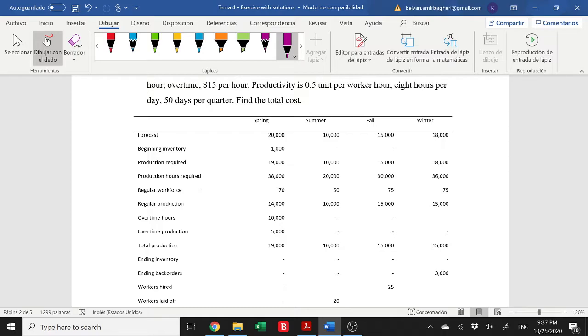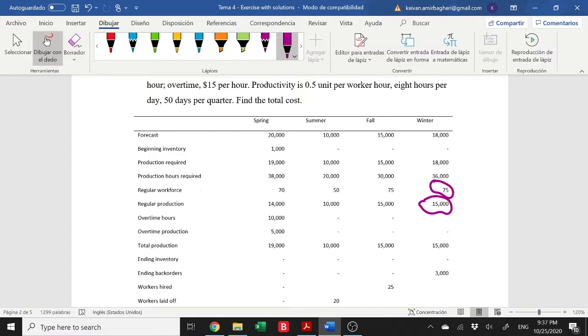So for sure, if I continue with 75, we'll have a lack of production. As we reviewed before, the name of this lack is back order.